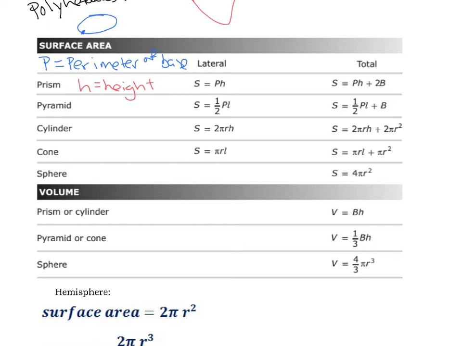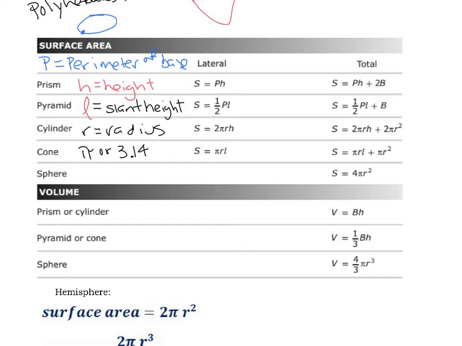Let's see, what other figures do we have here? This cursive L stands for slant height. Okay. If you see lowercase r, then that stands for radius. Pi, unless told, you will either use the pi button in your calculator, or if they tell you specifically, you can use 3.14.